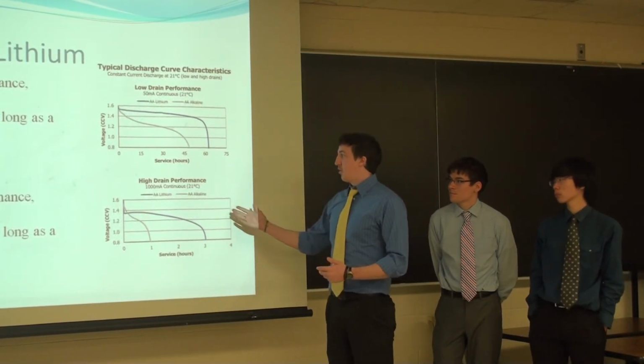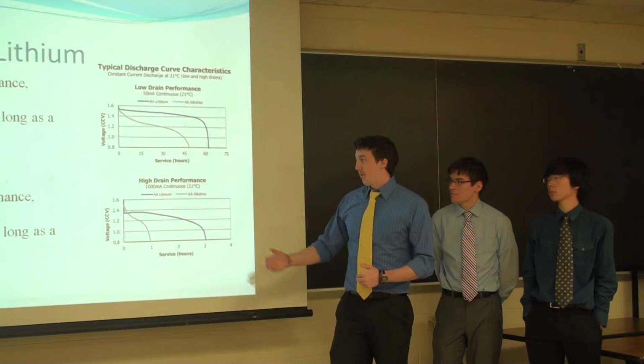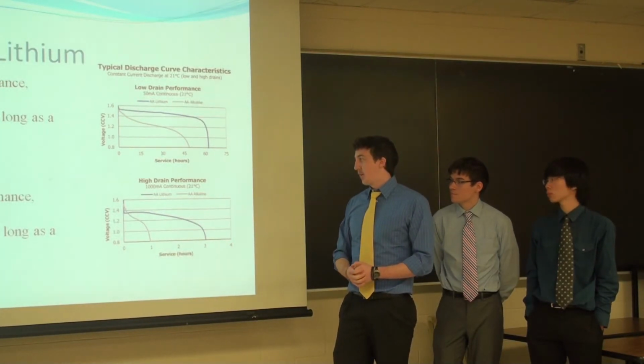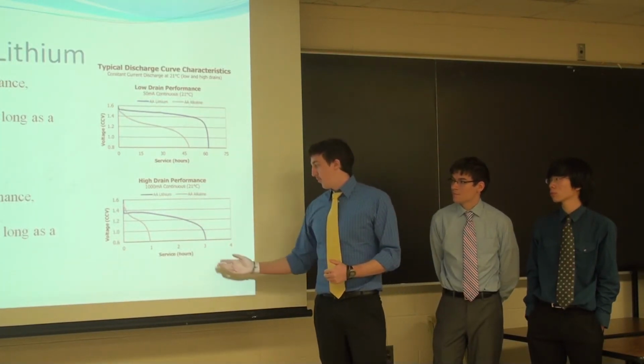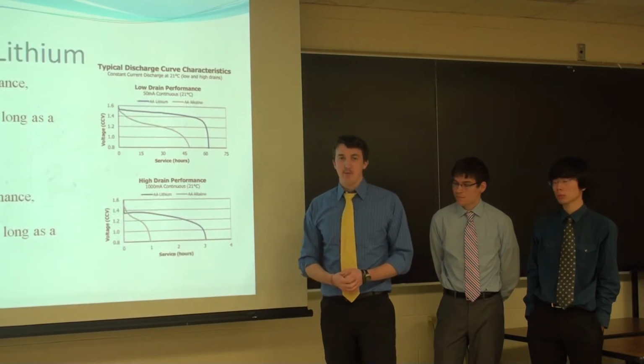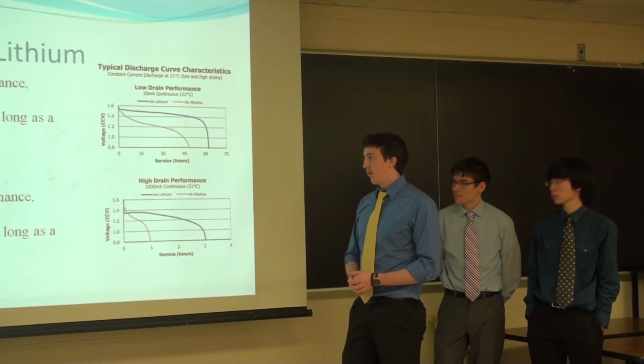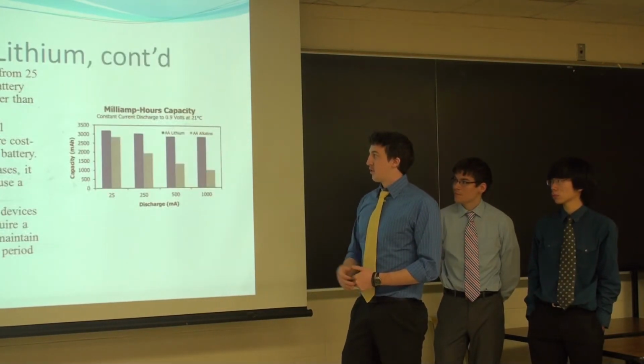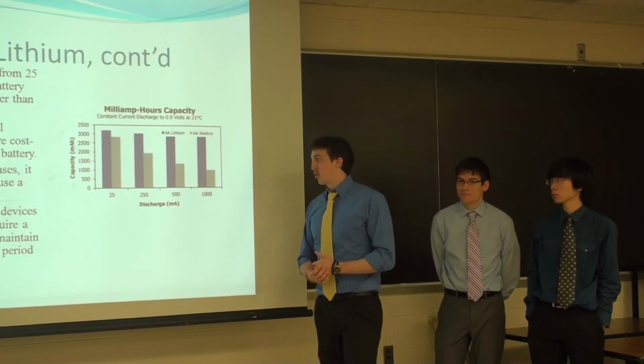On the other hand, when you look at the high drain performance, so 1,000 milliamps continuous drain, the lithium battery is going to last you about 3 times as long as the alkaline battery. So here's another graph representing that same thing.